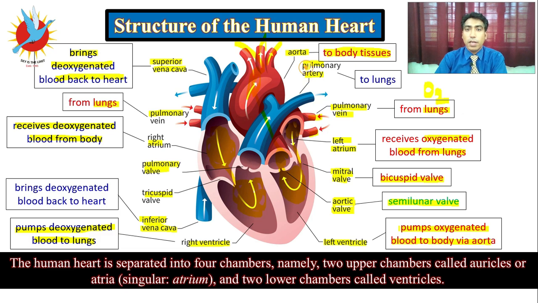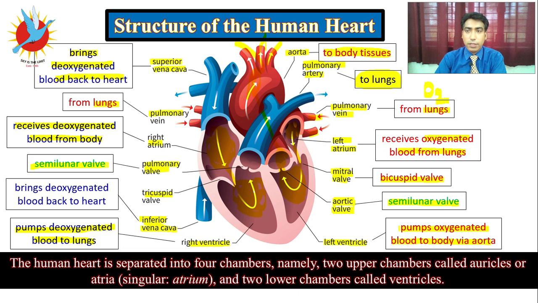The pulmonary artery carries the deoxygenated blood to the lungs, where the blood gets oxygen back for its oxygenation. This artery also has a valve, which is known as the pulmonary valve or semilunar valve.